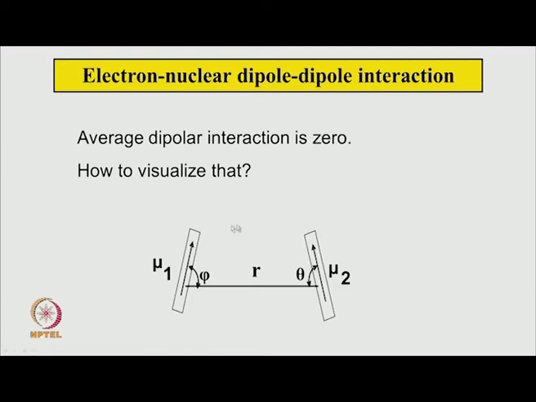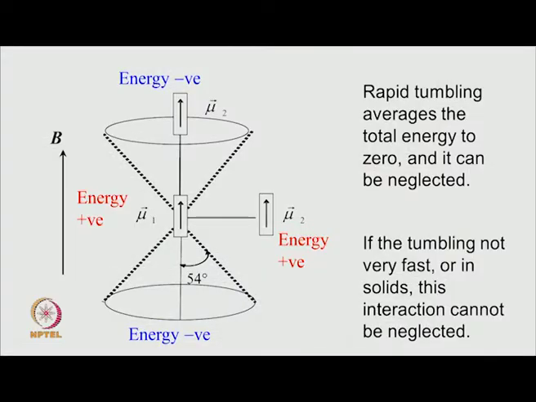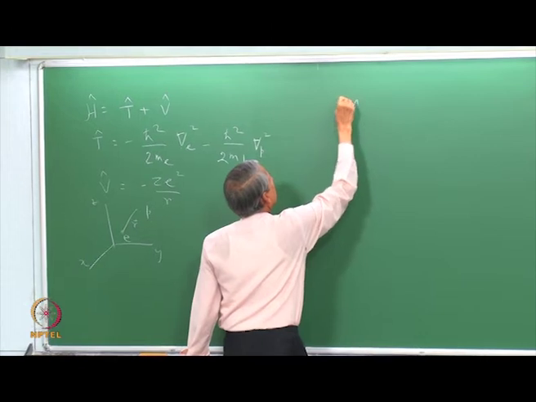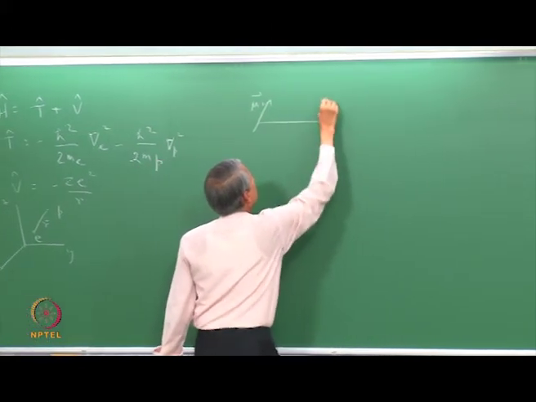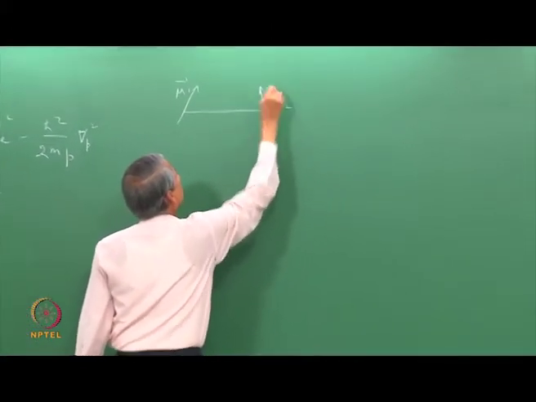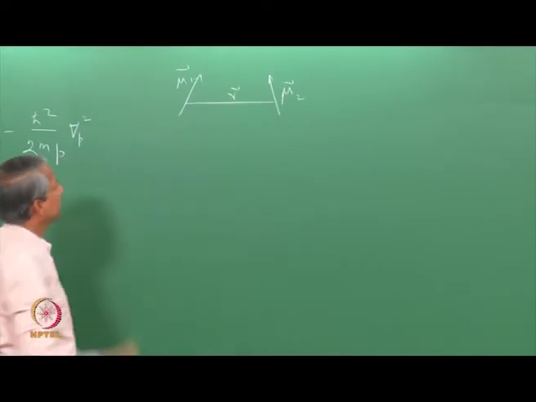So, for that, this is the schematic representation of two magnets, let us say mu_1 and mu_2. They are kept at a distance r and they are aligned in such a way that mu_1 forms an angle phi with respect to r and mu_2 forms an angle theta. Then what we have here is, let us say, mu_1, mu_2 and this is the r vector.